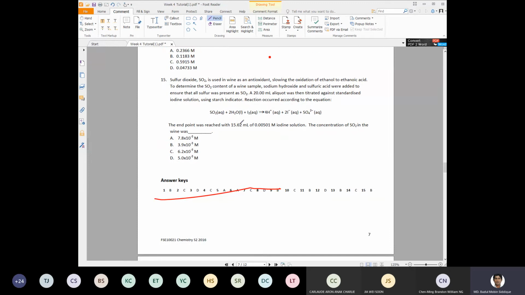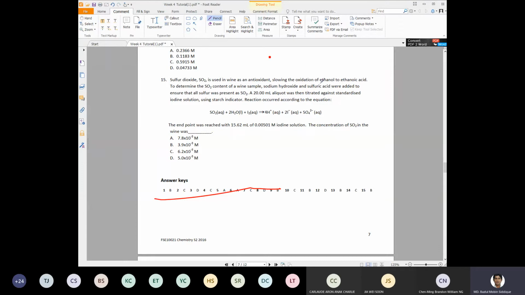Okay, so question number 15, the same thing. Sulfur dioxide in wine is an antioxidant. I don't know how, as many researchers say it has been linked to cardiovascular problems, and some say no, it is good.